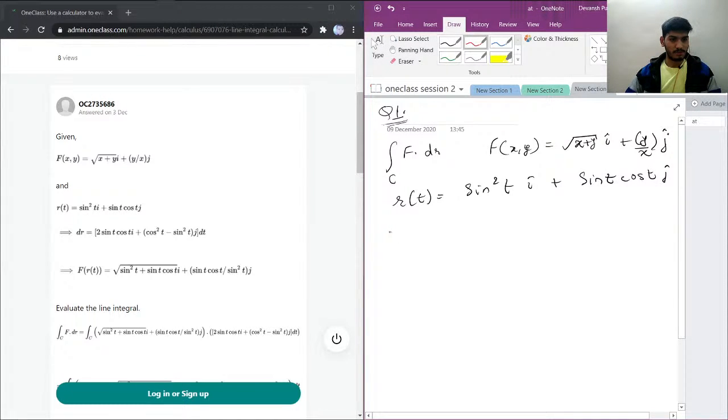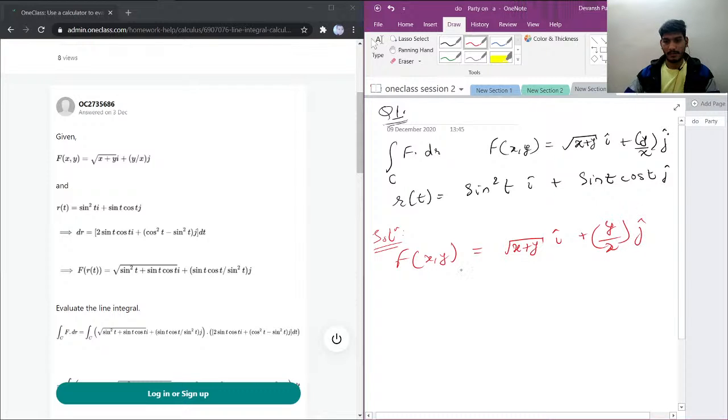They have given F of x as, so F is the function which is a function of x and y, plus y over x j cap.